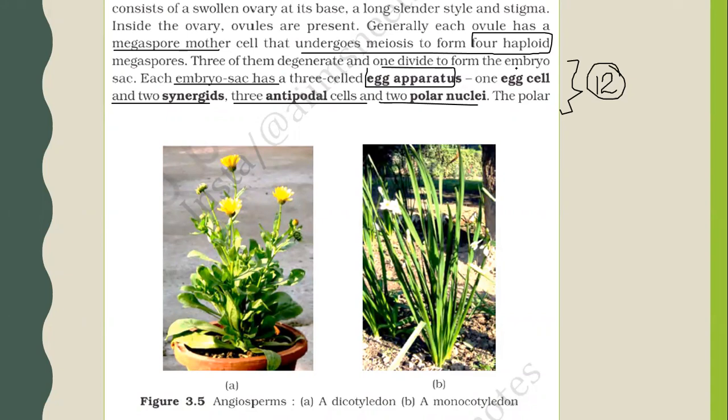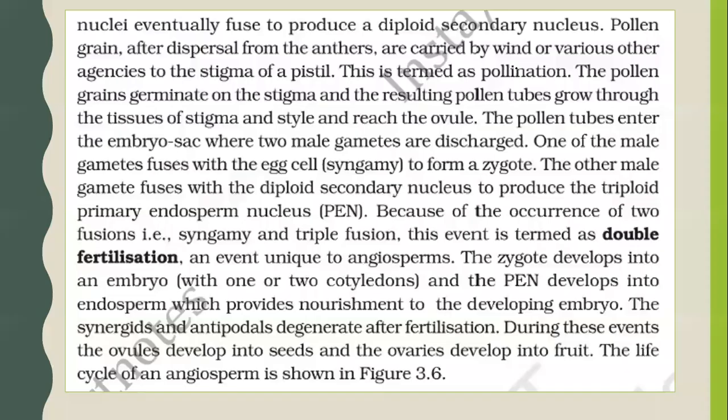I'm just skipping this angiosperm part. In most schools they won't teach you this, but we have done a detailed lecture on it, and most probably questions from this part won't come in the exam.